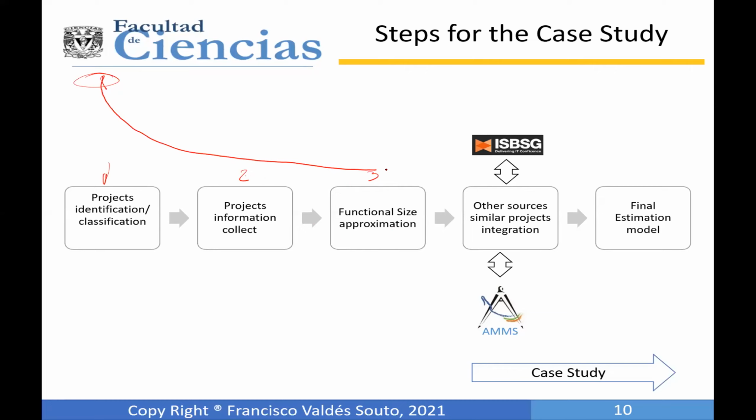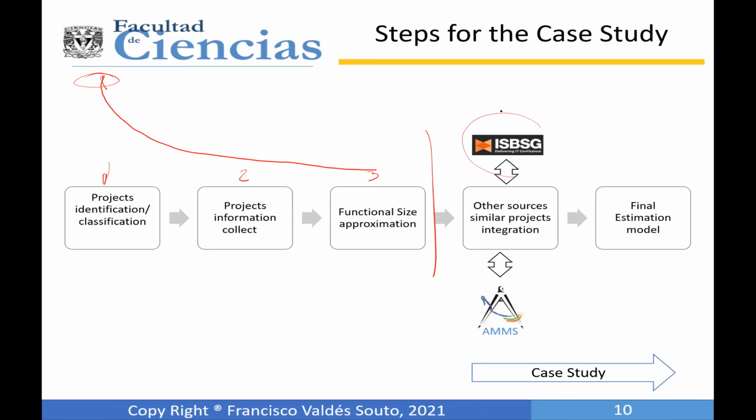So at this point, we have a database from the client. It represents a productivity model, as mentioned by Albrecht, to represent the productivity of the company that we are working for. But usually this database has few data, so not enough statistical foundation to generate a good estimation model.